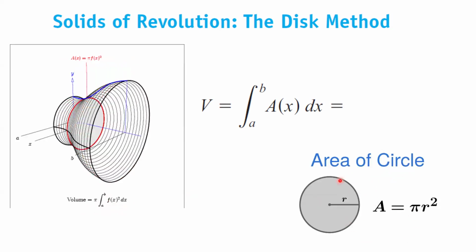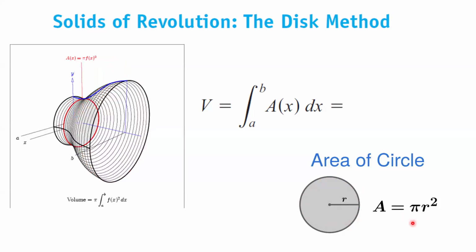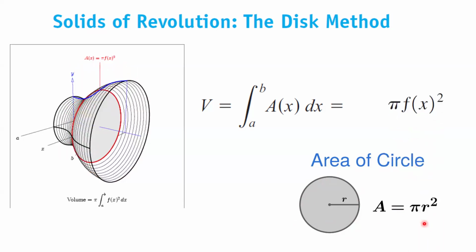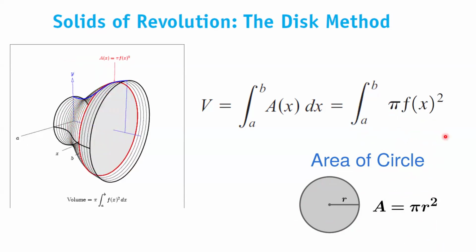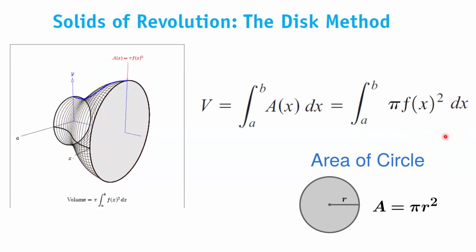Why is that? Remember that the cross-section is a solid circular region, and the area is pi r squared. So in this case, you get pi f of x to the second power, and then you take the definite integral with respect to x. This is our disk method. We talked about the shell method as well.